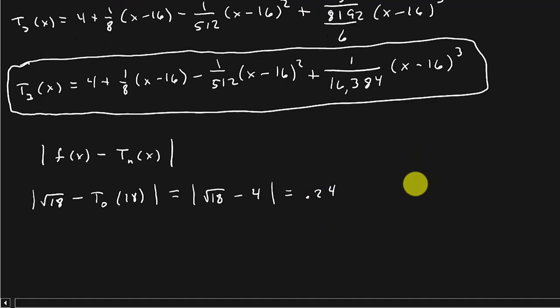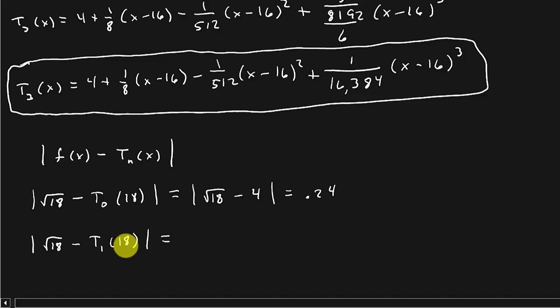But then when we do the square root of 18 minus T1 of 18, I'm just going to write the answer down. I'm not going to write all this out. I'm just doing the square root of 18, whatever that is, punched into my calculator, minus T1 of 18.